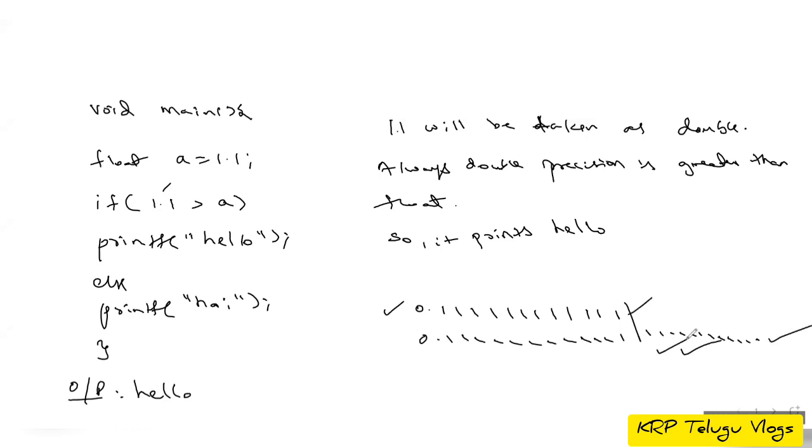So double precision will always be greater. So it will print hello. Is that clear? Yes, sir. Note down this: 1.1 will be taken as double, and double precision is always greater than float, so it prints hello.